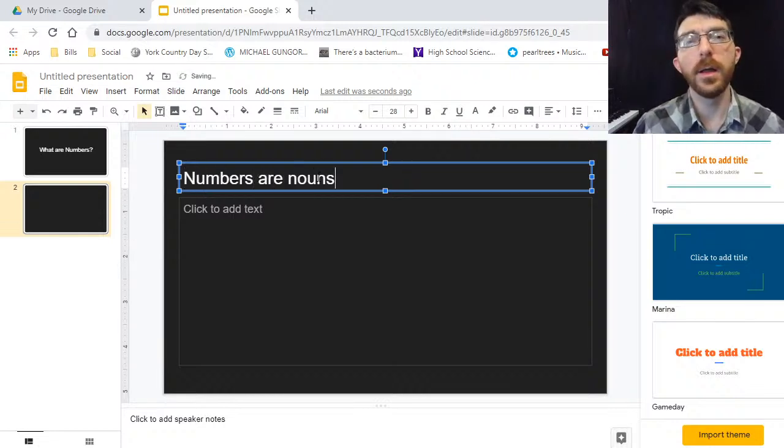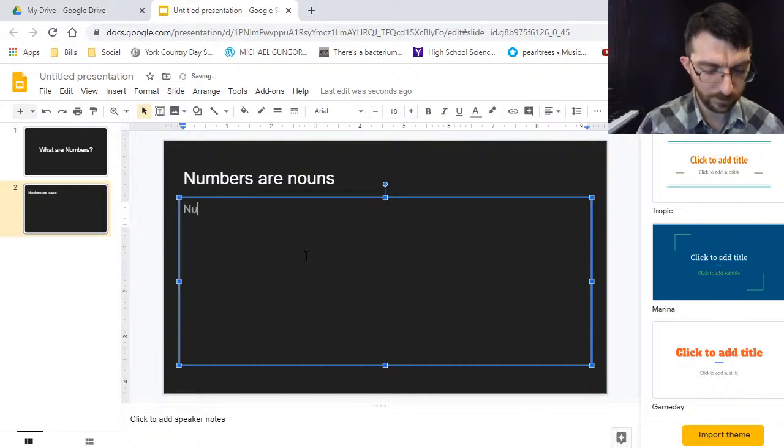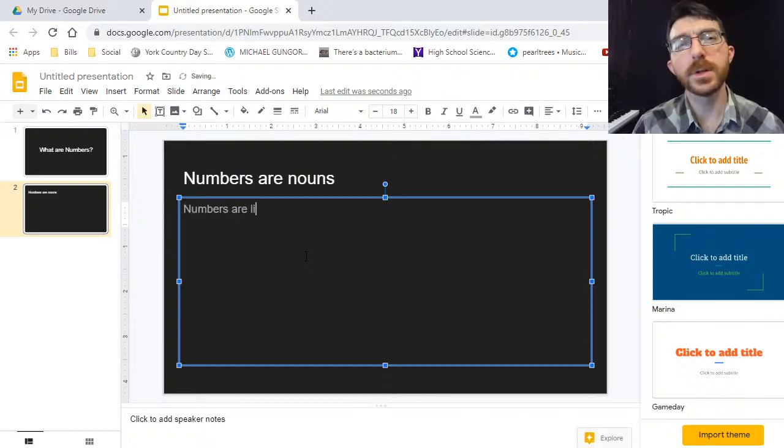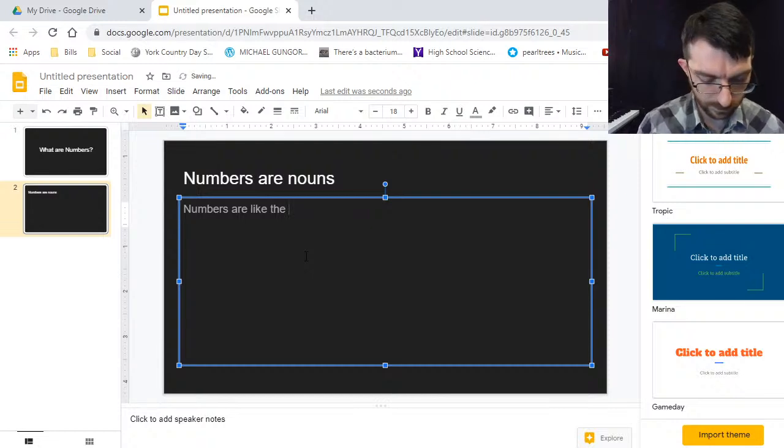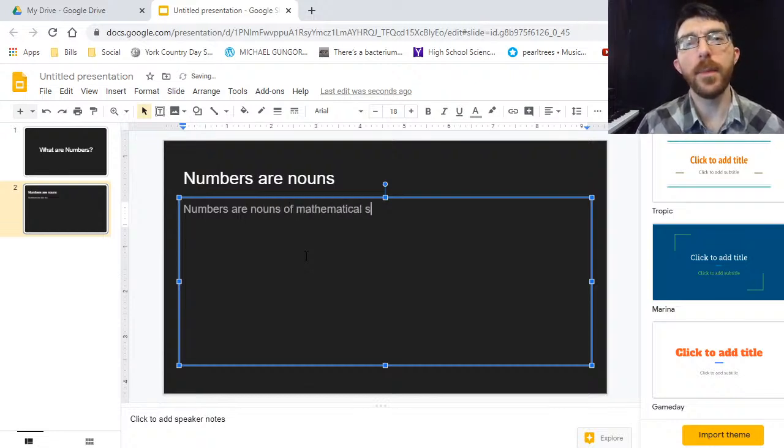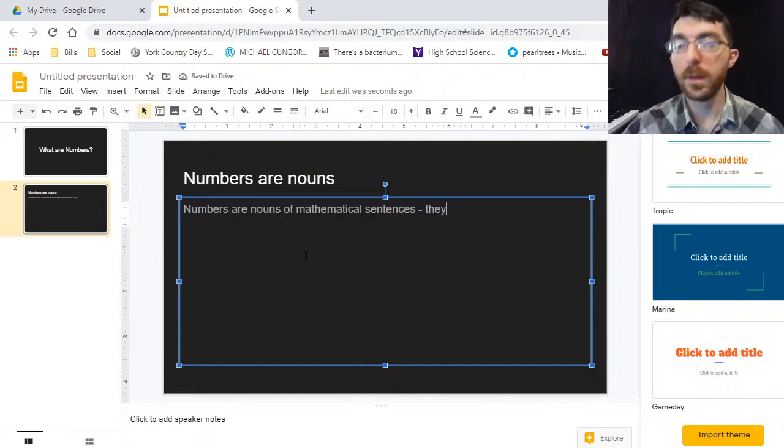All right, so numbers are nouns. Numbers are like nouns of mathematical sentences. I cannot type. Sentences. They are the subjects and objects.